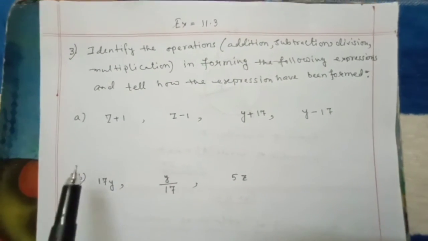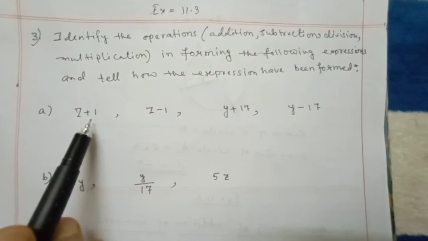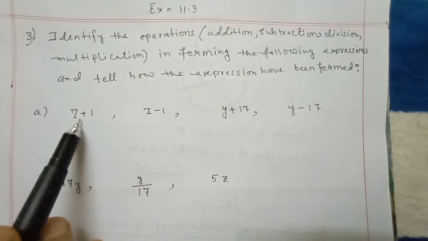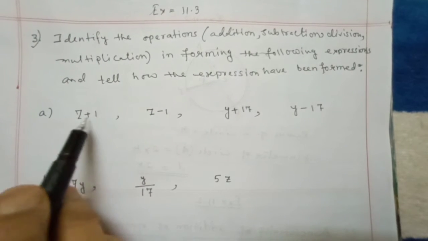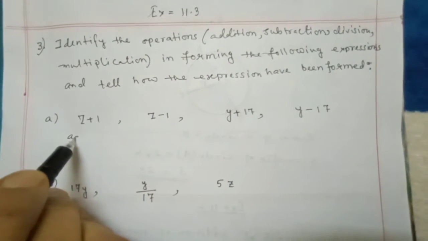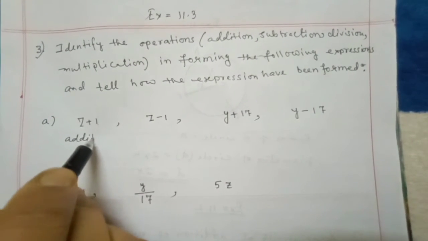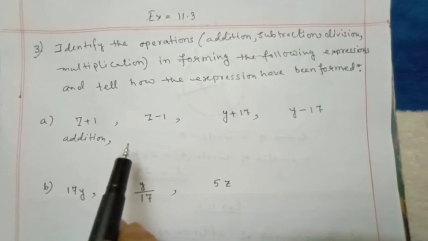Identify the operation. Come to question A. Here one variable and one number are there, and there is one addition sign also. So what operation has been done here? This is addition.